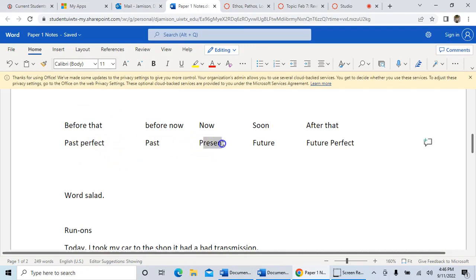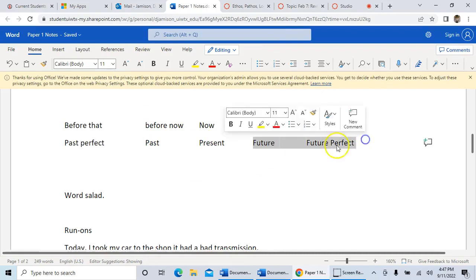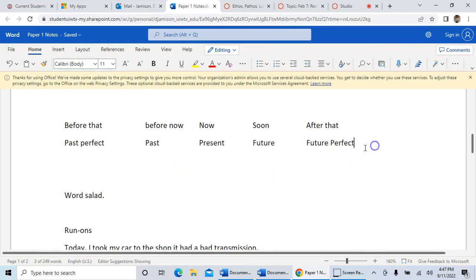Then there's present tense, and that's something that's happening now. If you want to write your whole story in present tense, that's fine, but it needs to all be in present tense, and most of the time what was happening is people were switching back and forth between past and present. So make sure it's all in the same tense at least. And then future and future perfect, you're never going to use those unless you're talking about where you're going or something.